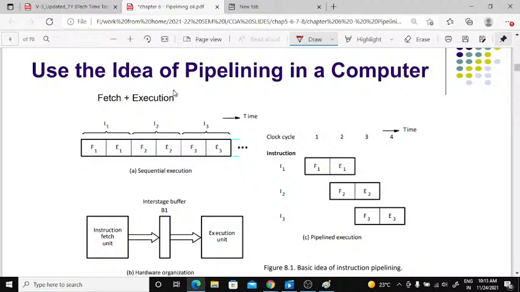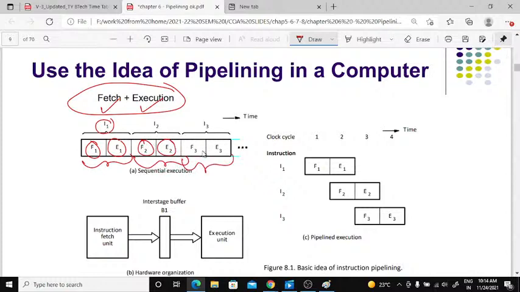So here the instruction execution is divided into two stages, fetching and execution. If one instruction, I1, is fetched and executed, this completes one instruction. The second instruction, fetching and executing, then the third instruction, fetching and executing.